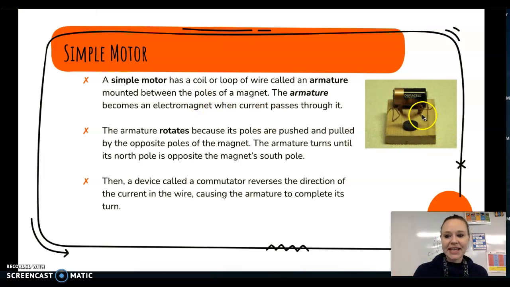So you can see that there is a little magnet here that is causing the armature to rotate because it is being pushed and pulled by the opposite poles of the magnet. It will turn until its north pole is opposite of the magnet's south pole, and then it's going to keep turning. We are going to make one of these later in one of our stations, so I'm going to leave this for you to continue to explore.